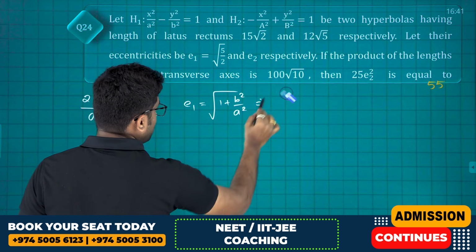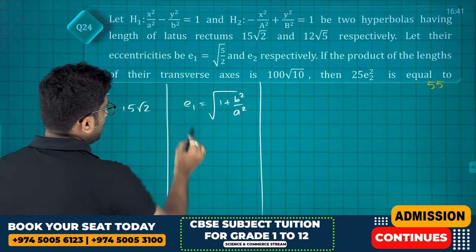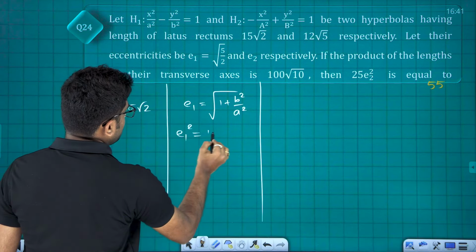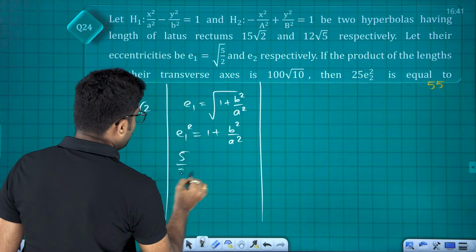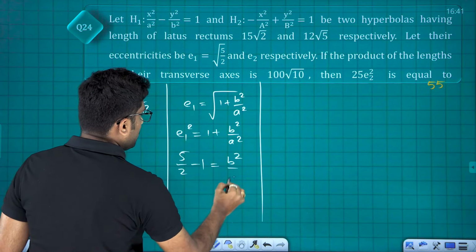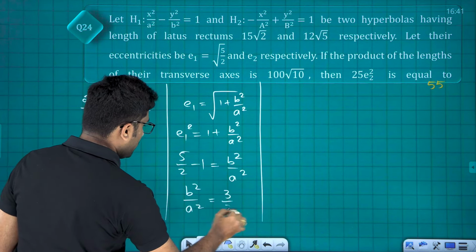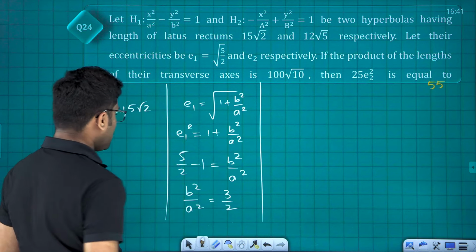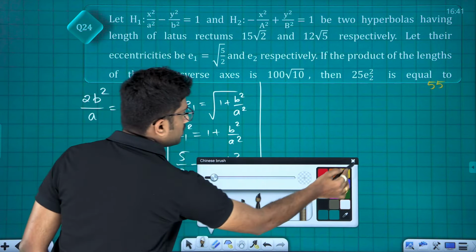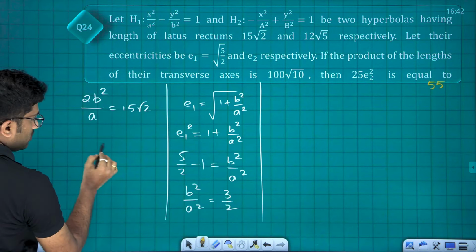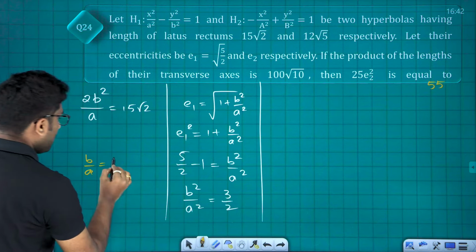So on squaring both sides, we'll get e1 square is equals to 1 plus b square by a square. That is 5 by 2 minus 1 is equals to b square by a square. b square by a square is equals to 3 by 2. So from here we get b by a is equals to root 3 by root 2.